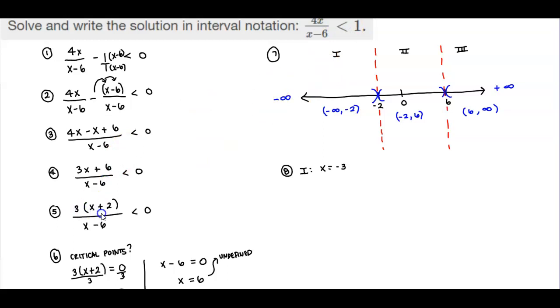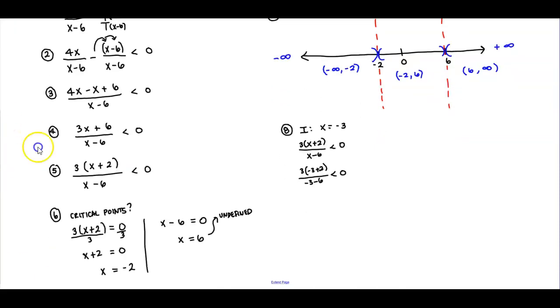I'm going to use step 5, because we're going to say 3 times x plus 2 over x minus 6. We want to determine if that's less than 0. So we have 3 times -3 plus 2, all over -3 minus 6. 3 times -3 plus 2 is -1, so that's going to give us -3.